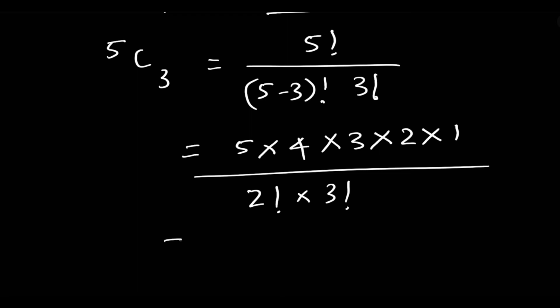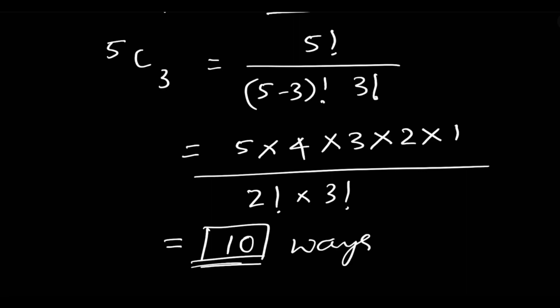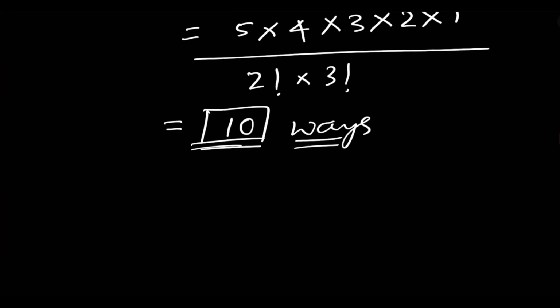What does that get reduced to? That's nothing but 10. You can simplify and see that it's 10. So there are 10 ways of combining the committee members and forming a committee. You have 10 combinations.